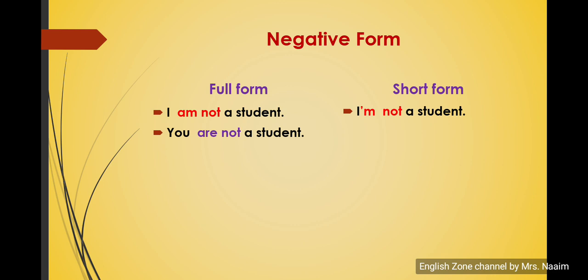Okay. Now let's move to the second subject pronoun, you. So here you are not a student. Okay. أنت لست بتلميذ أو أنت لست بتلميذة. Okay. So this is the full form of the negative form of the verb to be in the simple present, of course. بالنسبة لصيغة النفي الخاصة بفعل الكينونة.